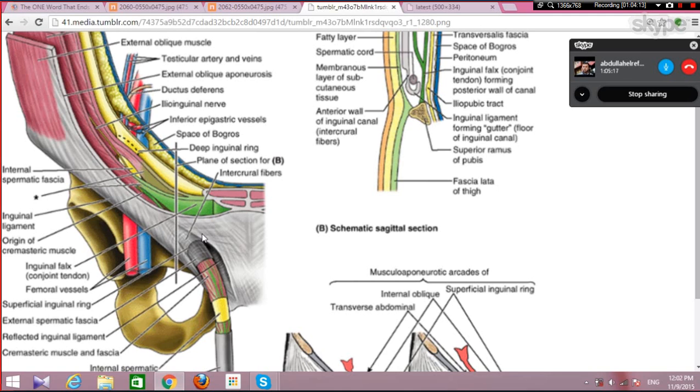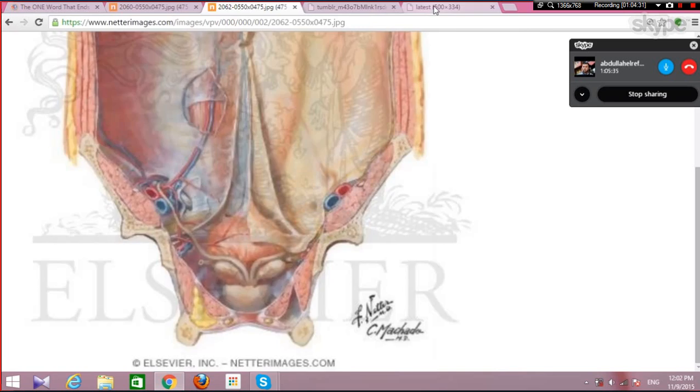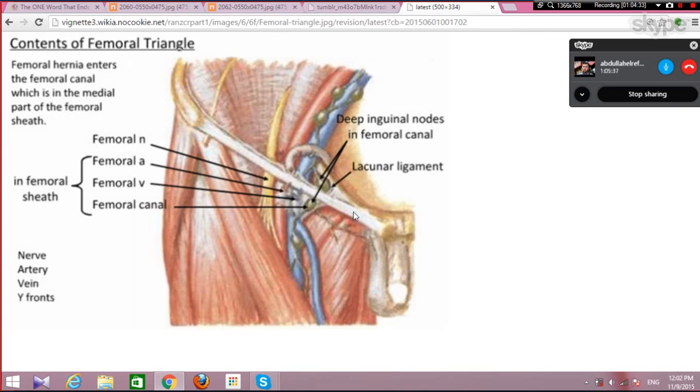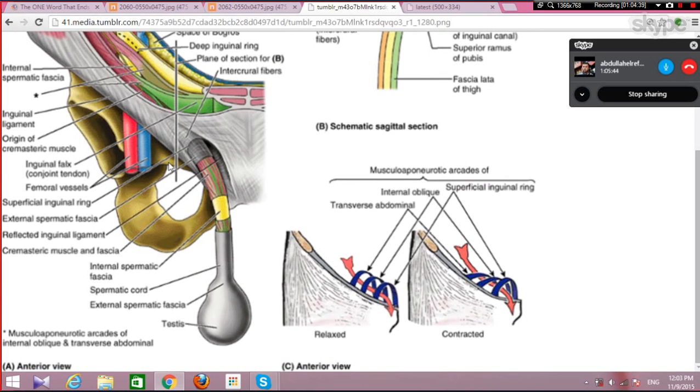And do you see, when you have the aponeurosis of the external oblique, the fibers go in two directions. Some of the fibers go deep. You don't see them. When they go deep, they form the inguinal ligament. When they come superficially, like here, they split and form an opening.